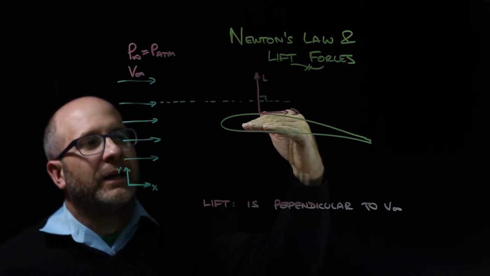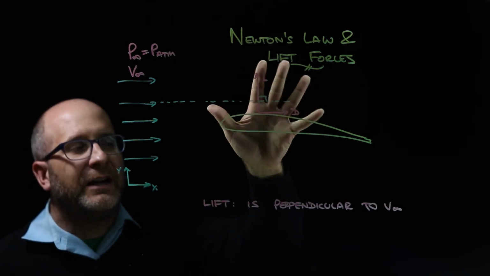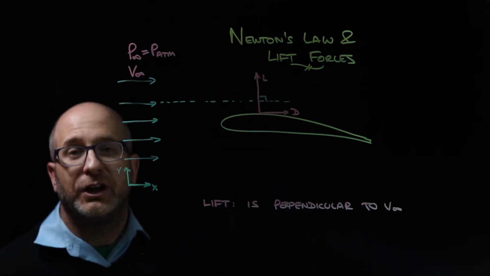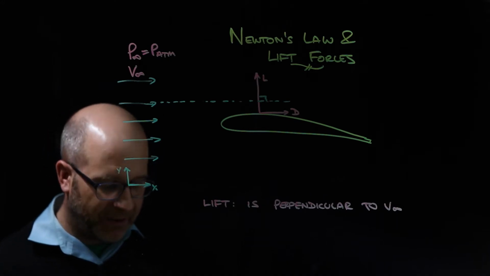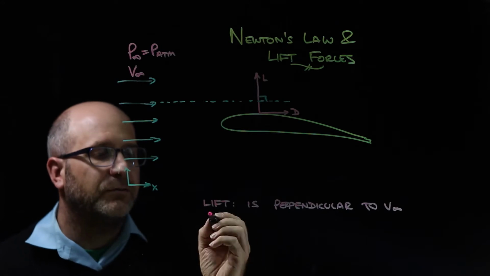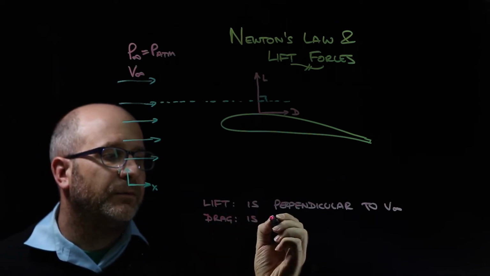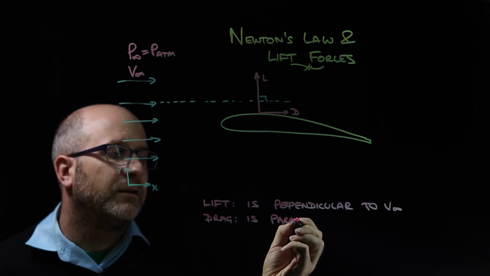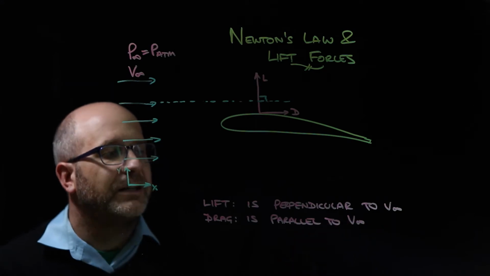So if this wing or this flow field were to change direction, then the lift and drag vectors would have to change to remain perpendicular, and drag in this case is parallel to the flow. So perpendicular and parallel to the flow. So let's just write down here, drag is parallel to V infinity direction.